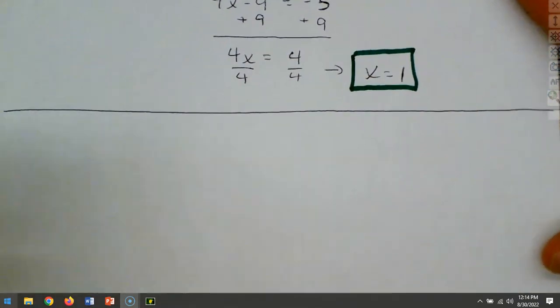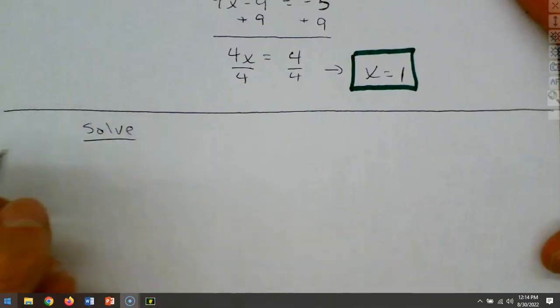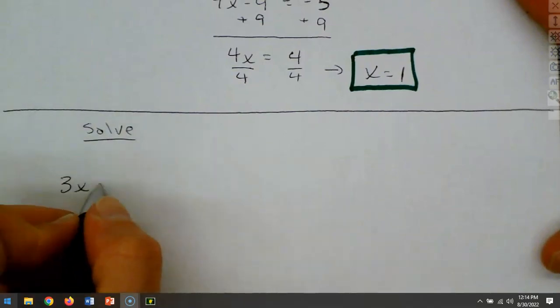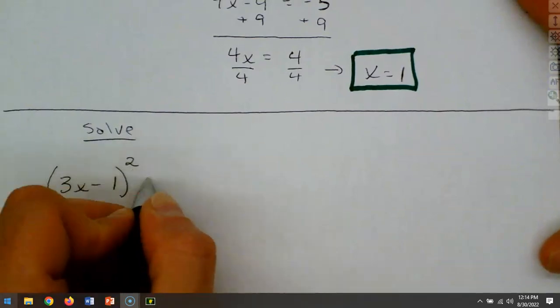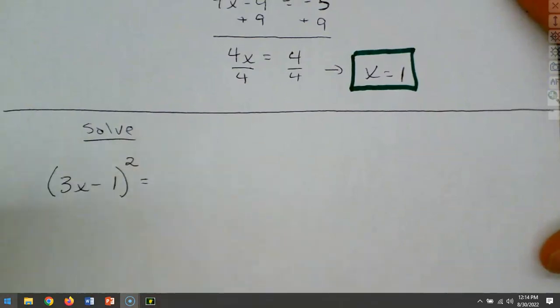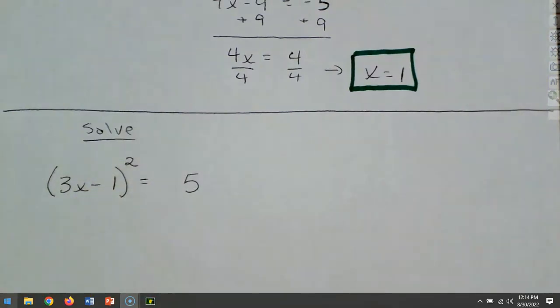How about we look at this one? Let's try and solve 3x minus 1 quantity squared equals 5. So I want us to try and work on this one.